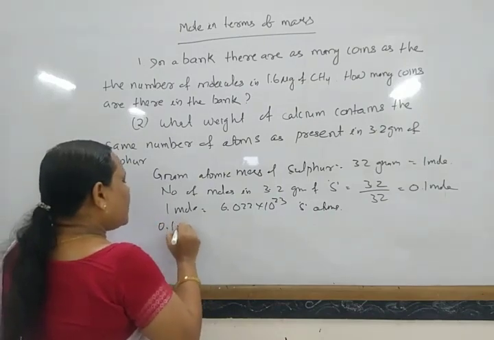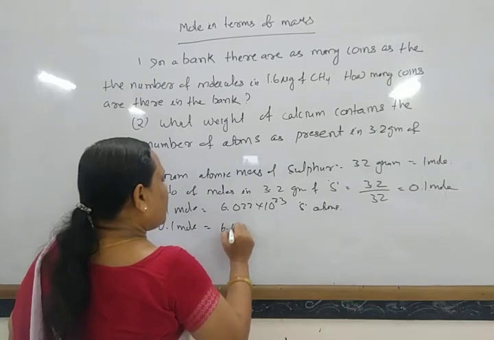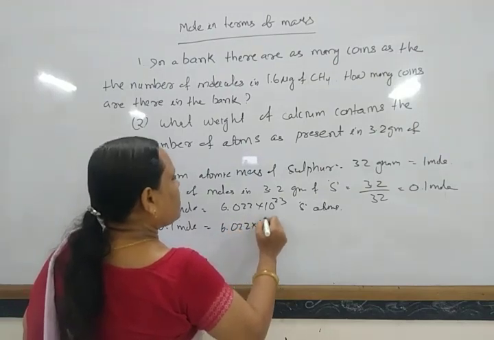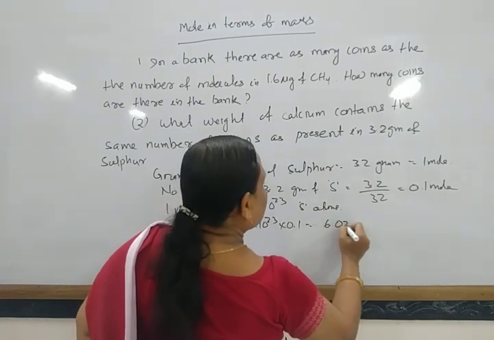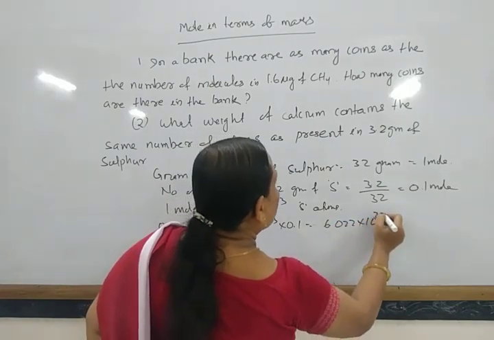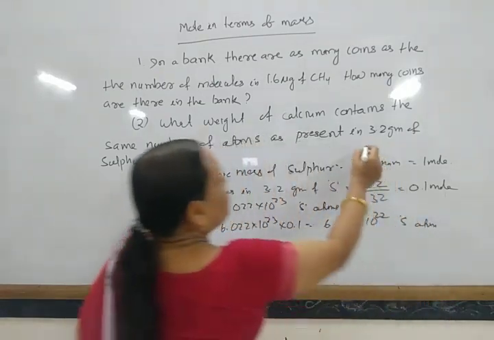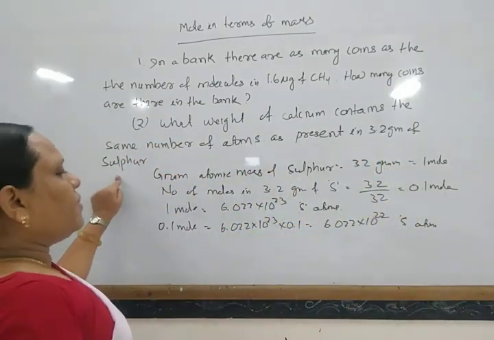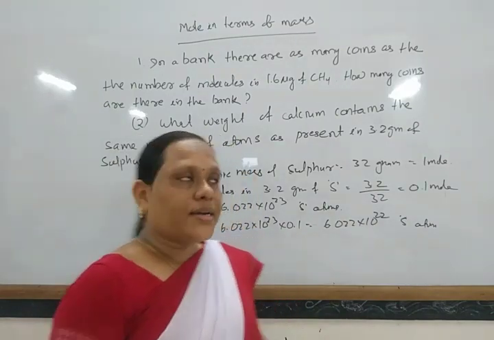Then 0.1 mole is equal to 6.022 × 10^23 × 0.1, that is 6.022 × 10^22 sulfur atoms. So 3.2 gram of sulfur contains 6.022 × 10^22 sulfur atoms.